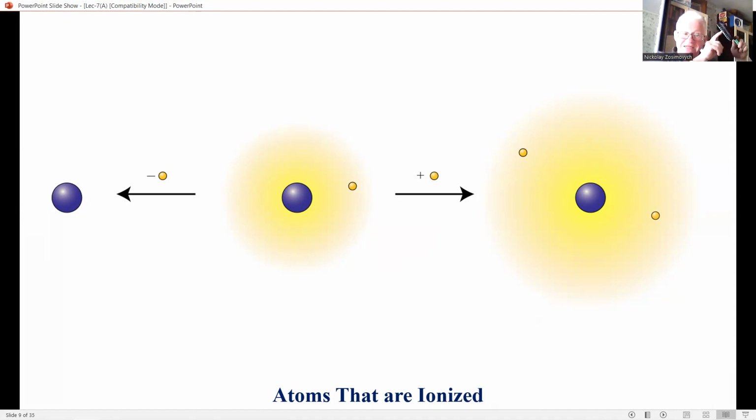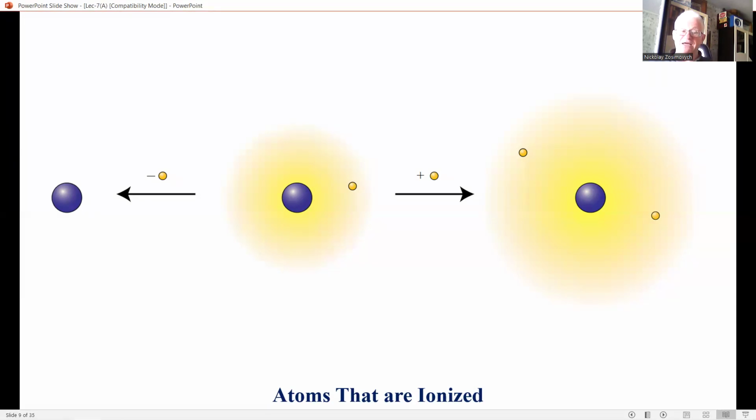An atom that has lost 1 or more electrons is said to be ionized and is called an ion. A neutral carbon atom has 6 electrons to balance the positive charge of the 6 protons in its nucleus.